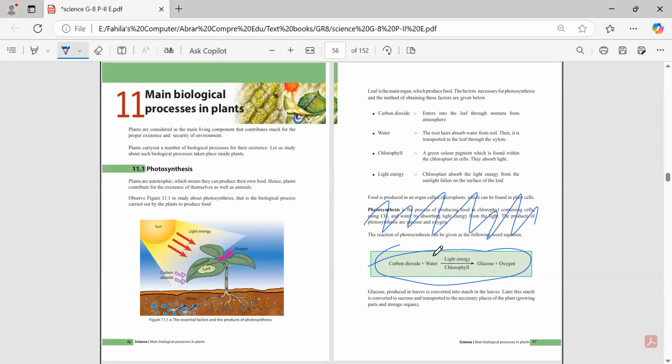Photosynthesis is the process of producing food, within brackets glucose and oxygen, using carbon dioxide and water with the presence of light energy in the plant body, within brackets chlorophyll, right? Okay, so you must be able to put them in proper words. Does that make sense?